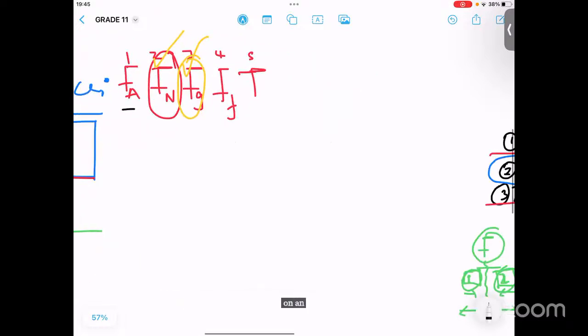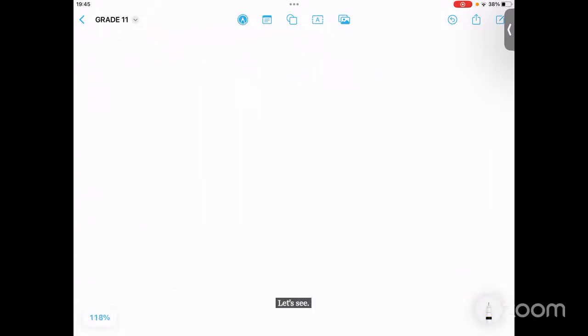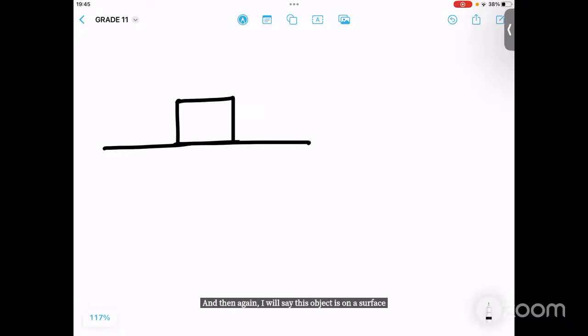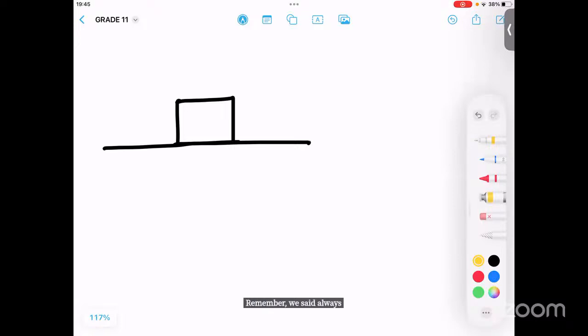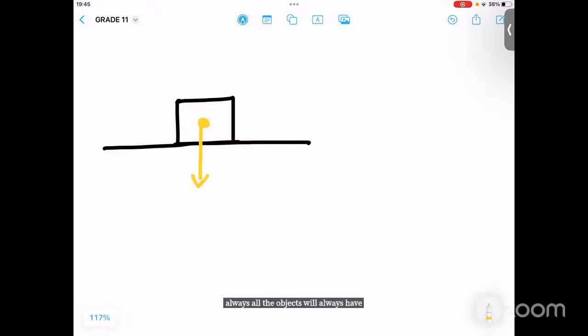So let's see. I'll just have an object there. And then again, I will say this object is on a surface. Remember, we said all the objects will always have a force by gravity.